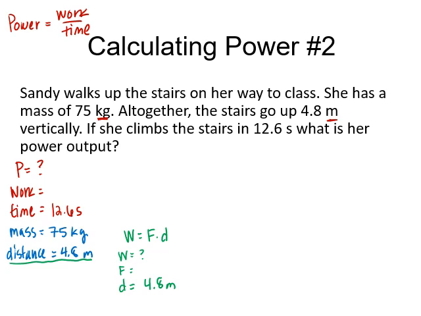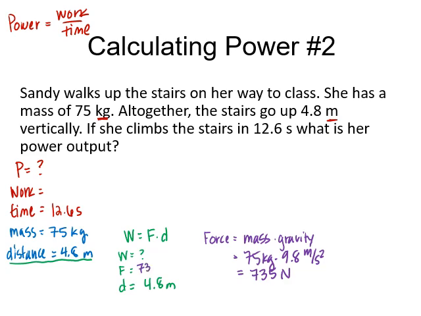That's just going to be like one of our previous examples, where we can take force, which equals mass times acceleration. That's from Newton's second law, force equals mass times acceleration. In this case, the acceleration is gravity. Gravity is what's pulling us down. So 75 kilograms times gravity, which is 9.8 meters per second squared. In this case, our force is going to be 735 newtons.